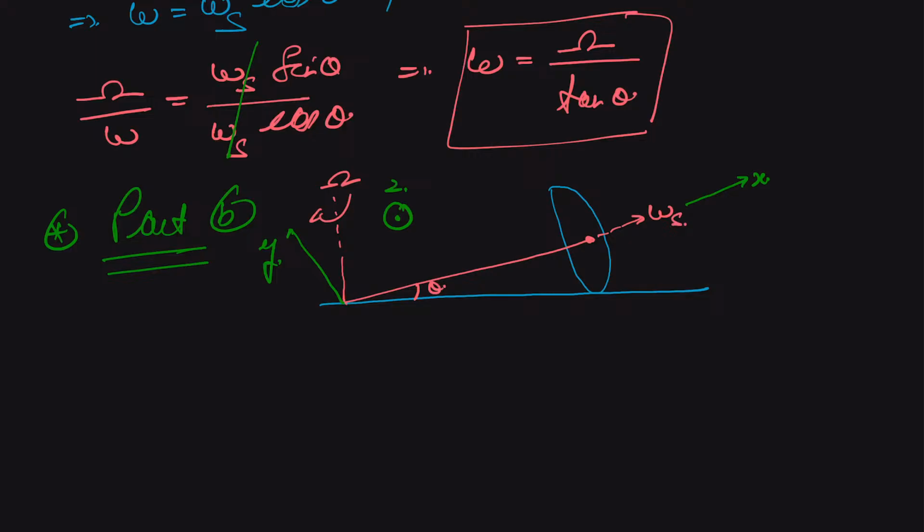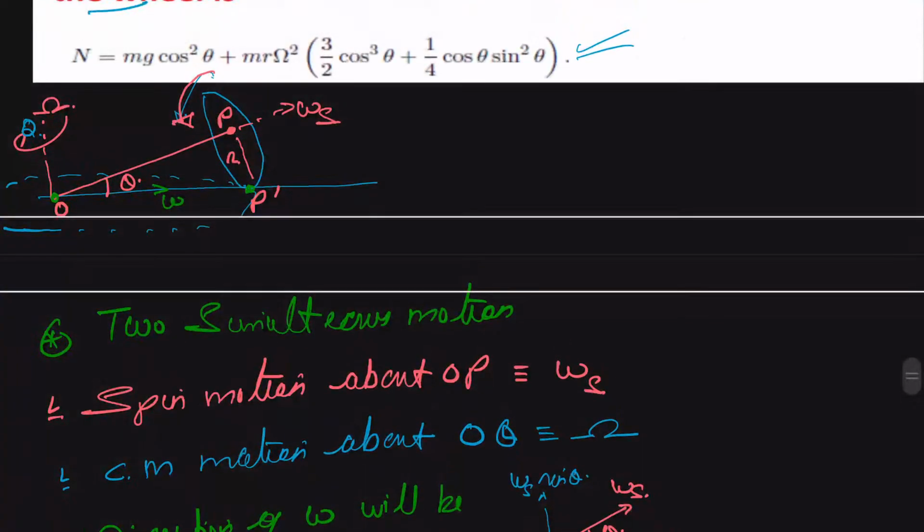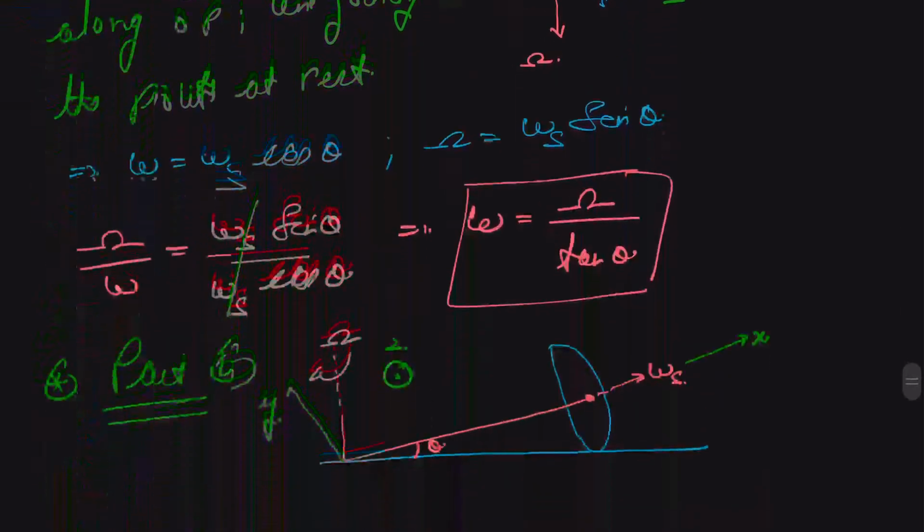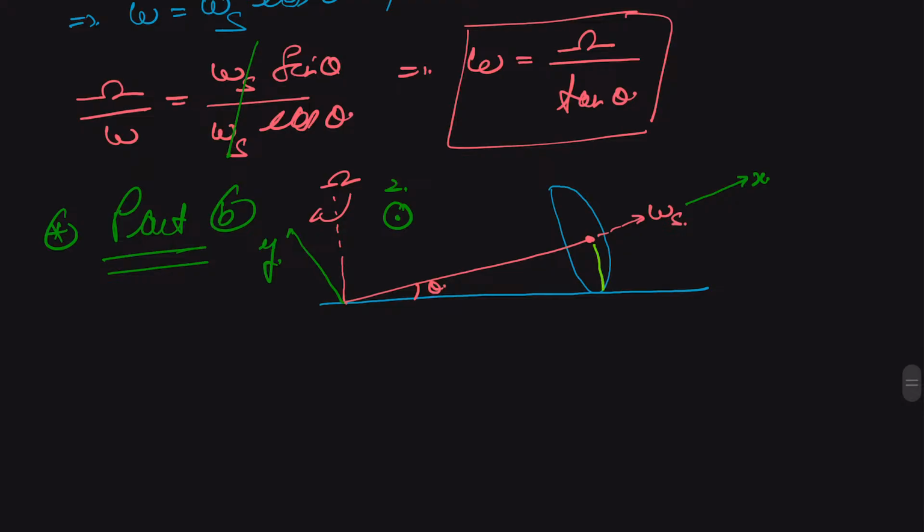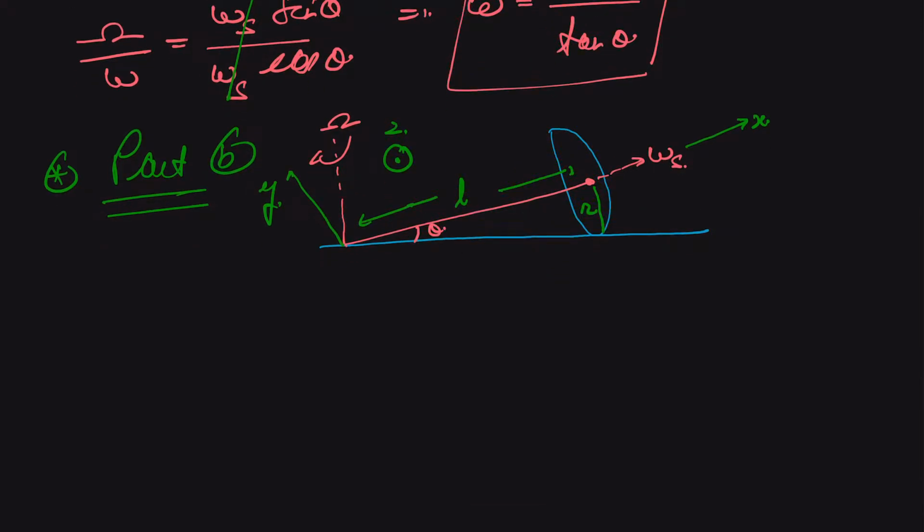And I think I forgot to mention, this length is given to us, this length is our L. R is the radius and L is the length. So we can easily find out the relationship between L and R. We can write that L is equal to R tangent of theta, or tangent of theta is equal to R upon L.